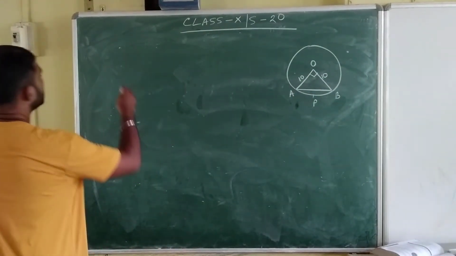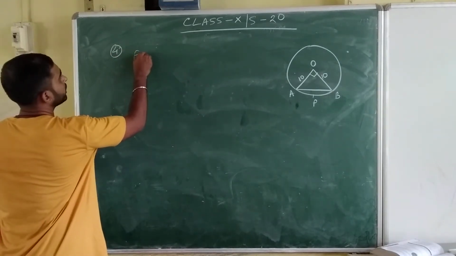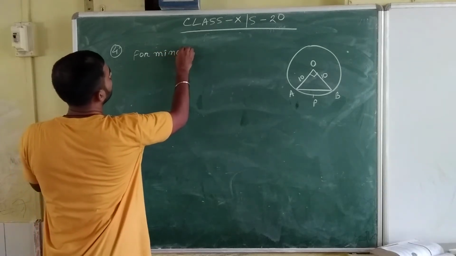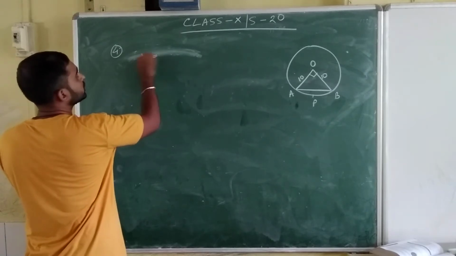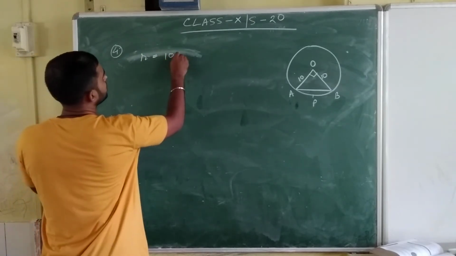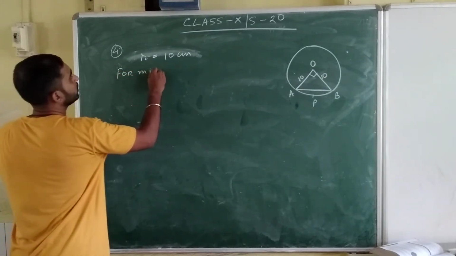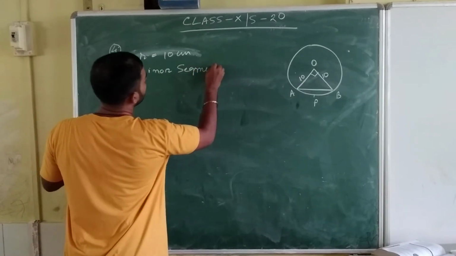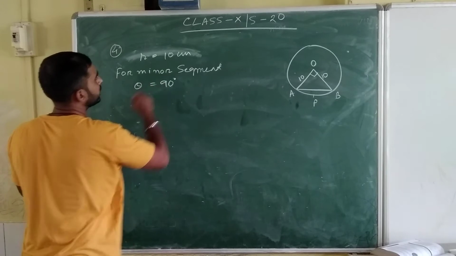So question number 4, for the minor segment. First, radius equals how much? 10 cm. Now for the minor segment, theta equals 90 degrees.